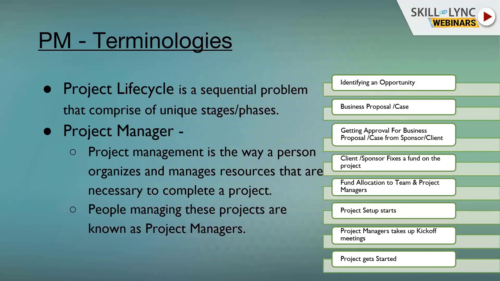Then we need to identify how we can overcome those problems and eradicate them. That gives us an opportunity to make a project out of it. Whenever the need comes, there always comes an opportunity. So firstly, we need to identify an opportunity.